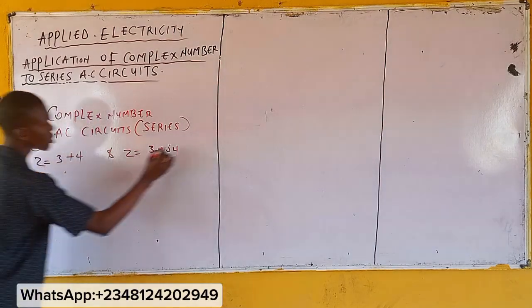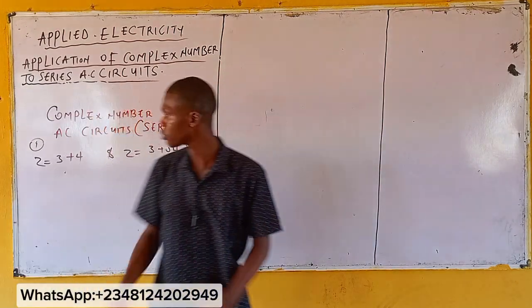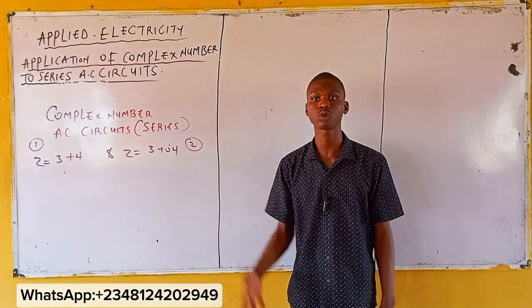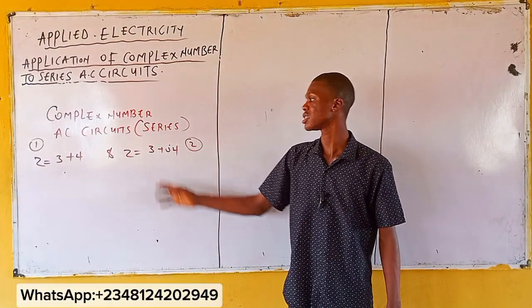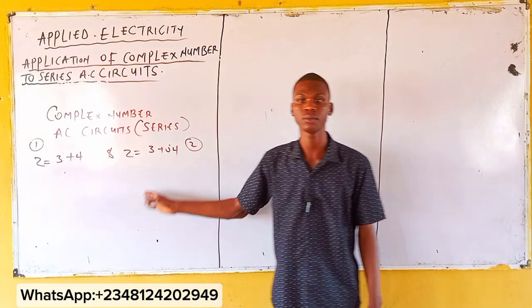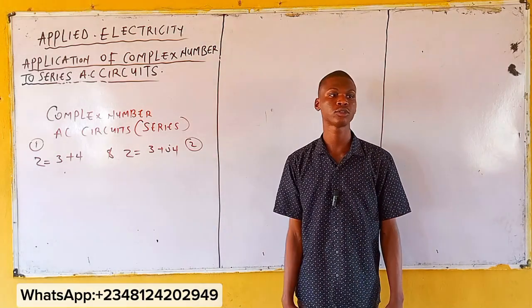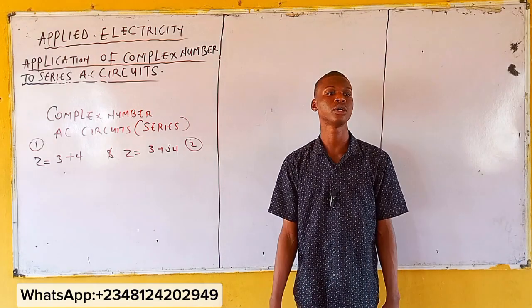Call this one 1, call this 2. Identify which one is a complex number. Between 1 and 2, 2 is a complex number. The question is why? It is a complex number because it has the real part of z and the imaginary part of z. So in essence, we are implementing complex number to this circuit problem.